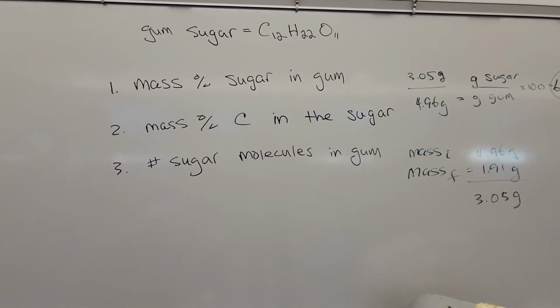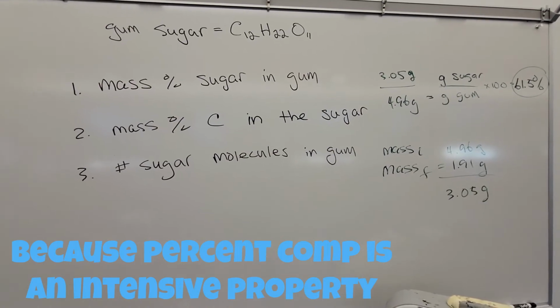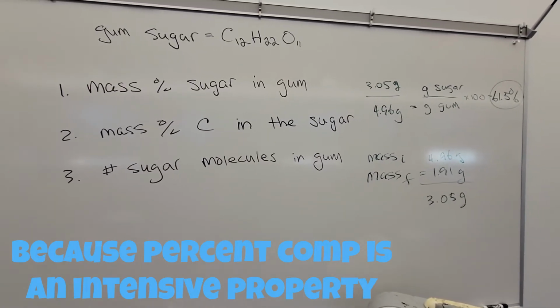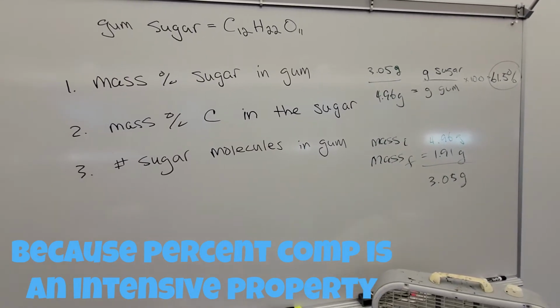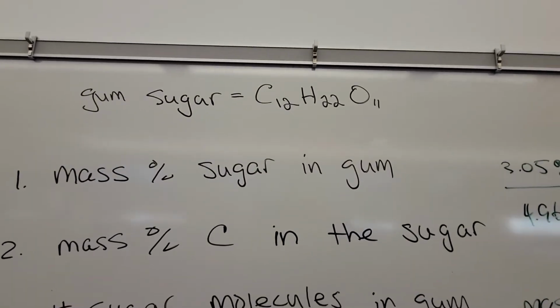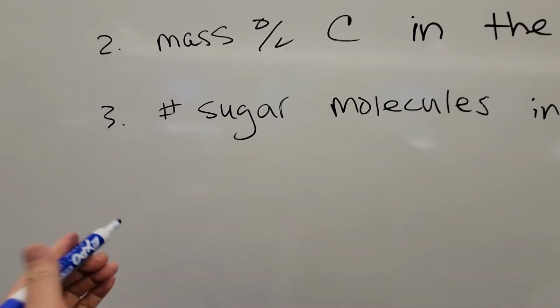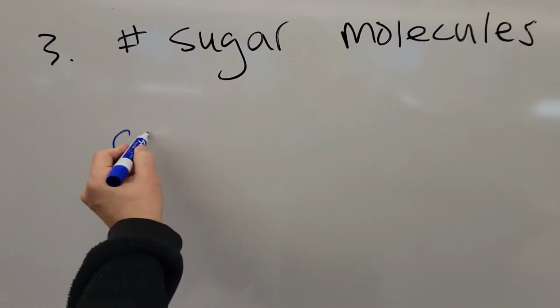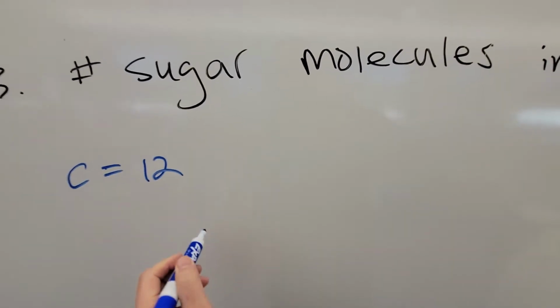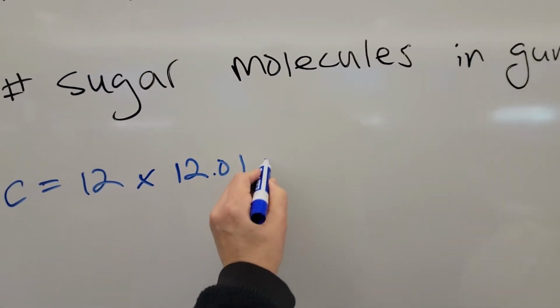Now number two, you didn't need gum at all. You just could have done that using your periodic table. So let's give you the formula for sugar. So let's get the molar mass of sugar. For carbon, there's 12 carbons in a sugar molecule, and the molar mass of carbon is 12.01.